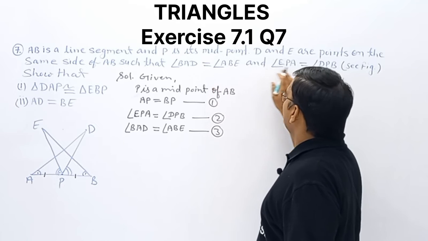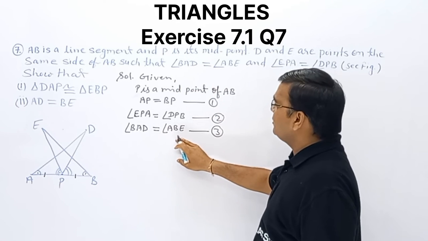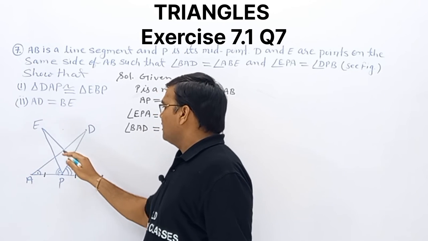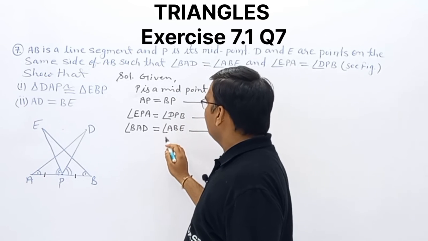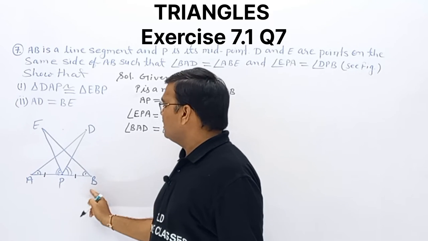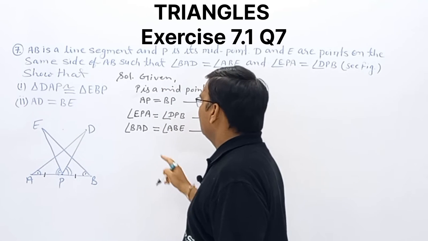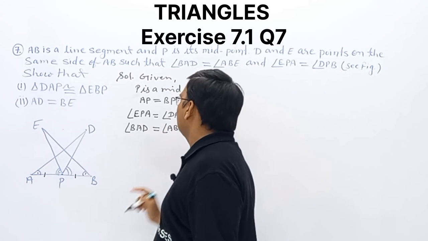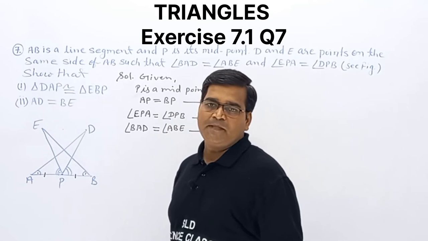Now two angles we are having: angle BAD equals angle ABE, this angle equals this one. And angle EPA, this angle, equals DPB, clear?